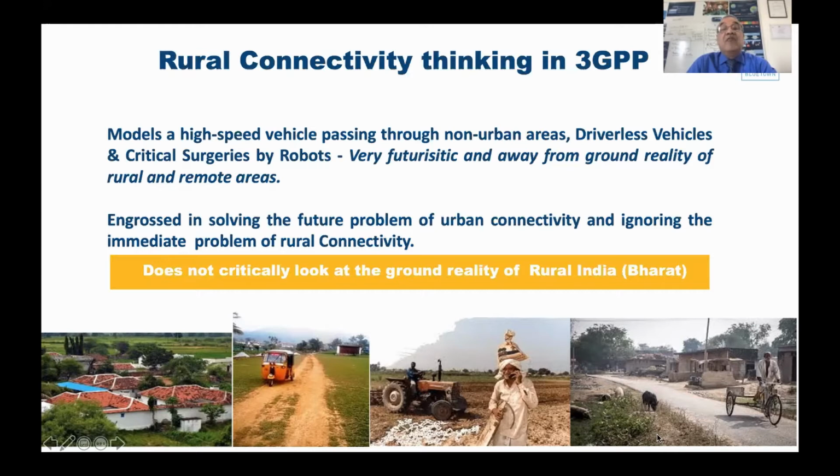So the vision of 3GPP for 5G is basically engrossed in solving the future problem of connectivity and ignoring the immediate problem of especially the rural connectivity. So that is what this picture shows. The rural reality is totally different from the urban situation.